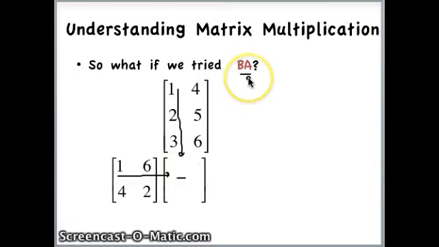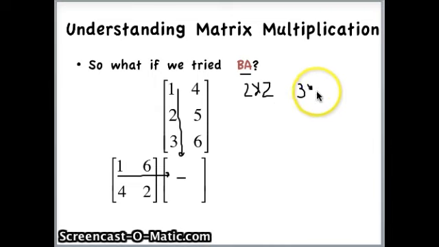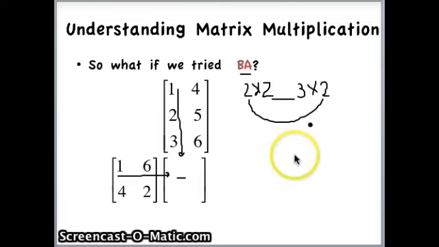We know the result is going to be a 2 by 2 matrix, because B is a 2 by 2 and A is a 3 by 2. Using our rules, we know that we cannot multiply these together, but I'm just doing a little demonstration to show why we cannot multiply them. If we could, the resulting matrix would be a 2 by 2, because those are the remaining numbers.